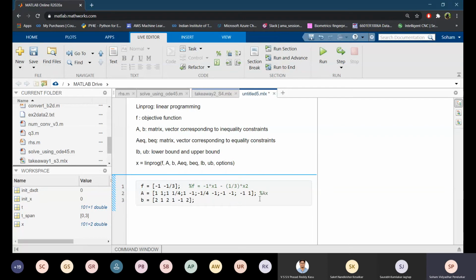If you multiply the matrix A with the vector X, you'll get less than B, since these are inequality constraints. This is what we have programmed here. When I'm given a set of constraints in the form of equations, I'll convert them into matrix form, and you know very well how we do that: just take the coefficients in matrix form and multiply it with the vector X, and you'll get A x less than or equal to b.